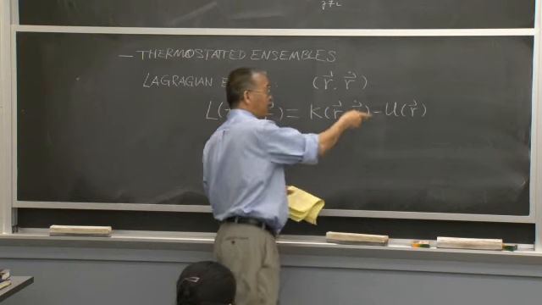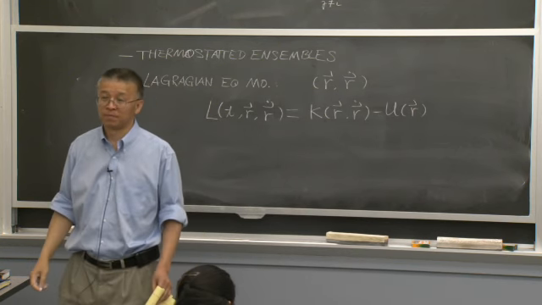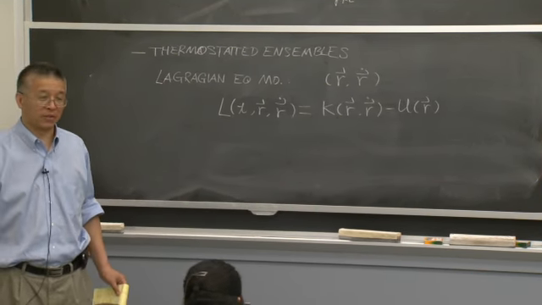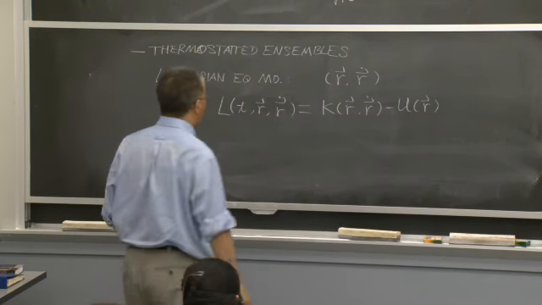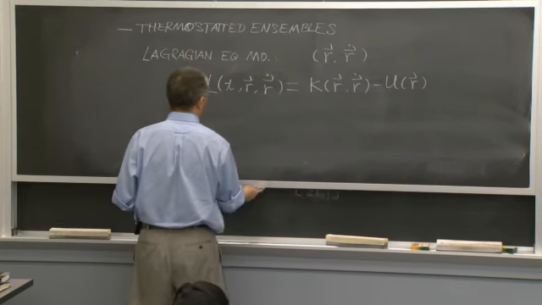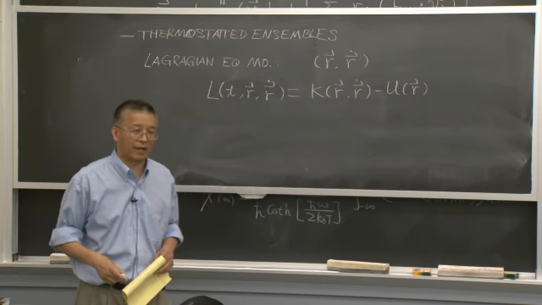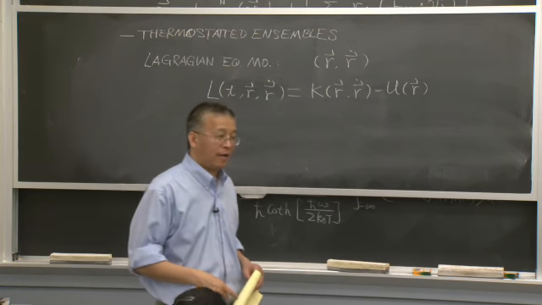So it's kinetic energy minus potential energy. Maybe you learned this in dynamics. And so what's the Lagrangian equation of motion?